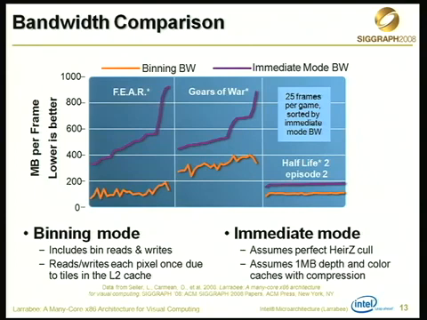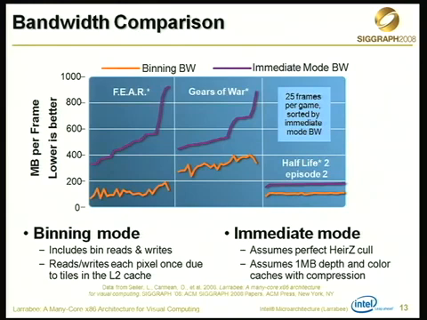Here we see our analysis on the 25 frames for each game, and we've sorted them by the amount of memory bandwidth required in immediate mode. In immediate mode, we're assuming perfect hierarchical Z culling. We assume 1 megabyte depth and color caches and use of compression. In binning mode, we are counting the bandwidth required to write data to external memory into the bins and read it back again for use in the back end. And yet, for Half-Life 2 Episode 2, the frames take about 1.7 times more memory bandwidth in immediate mode.